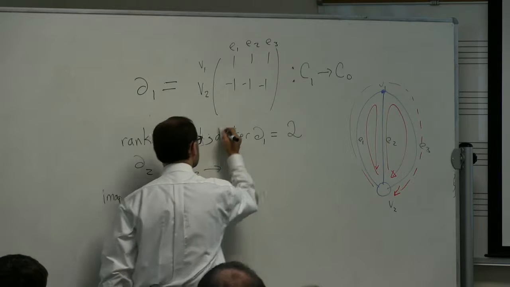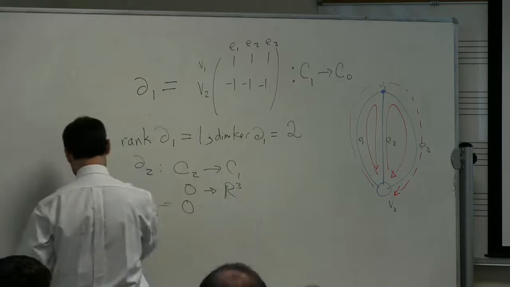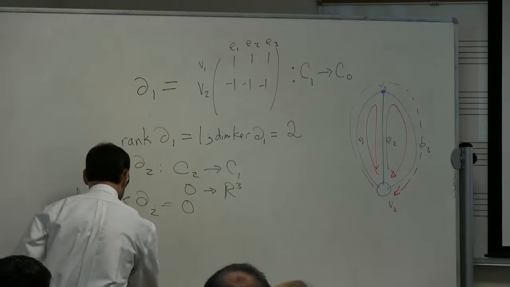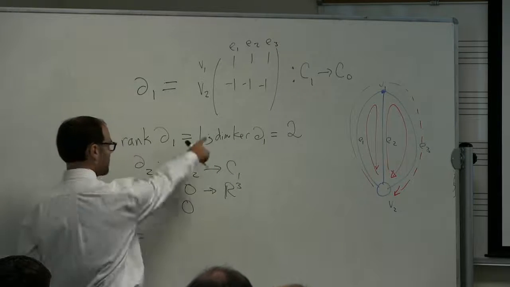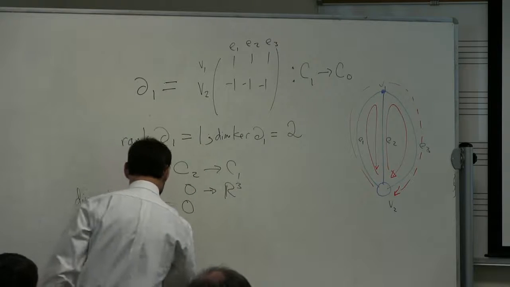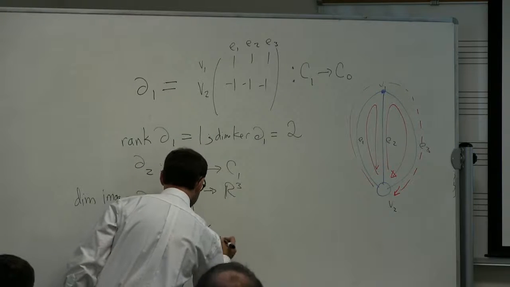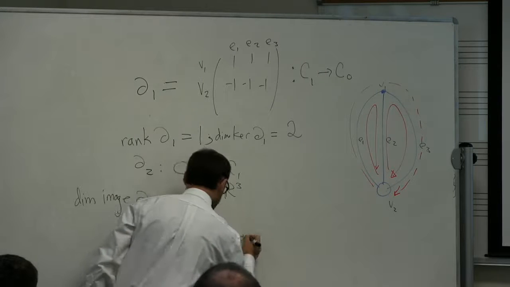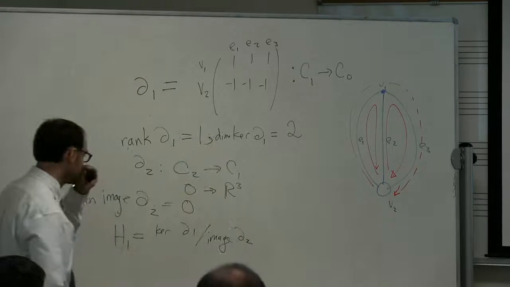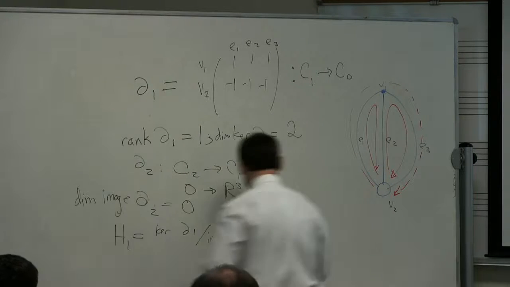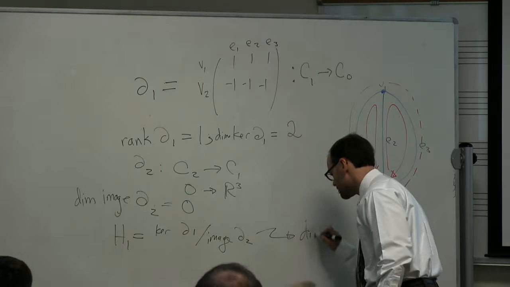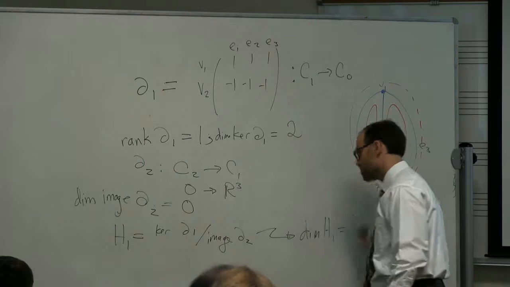Sorry, this is the dimension of the image. So H1 is the dimension of the kernel of boundary 1 modulo the image of boundary 2. So the dimension of H lower 1 is 2.